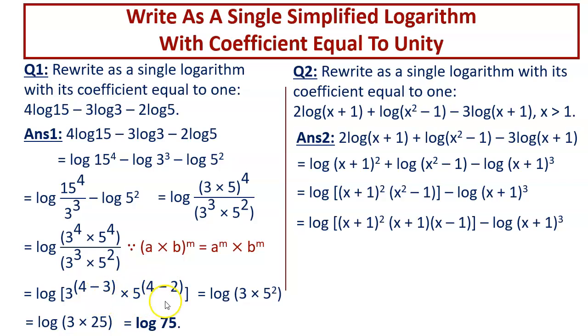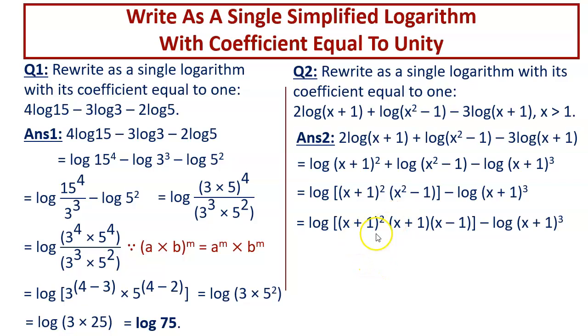I have used that law as well for this question, and over here I am using the algebraic identity a squared minus b squared equal to a plus b times a minus b, and minus log of x plus 1 whole raised to the power of 3. And now x plus 1 whole raised to the power of 2 times x plus 1 will be giving us x plus 1 whole raised to the power of 3.